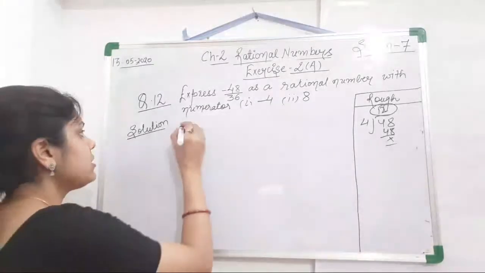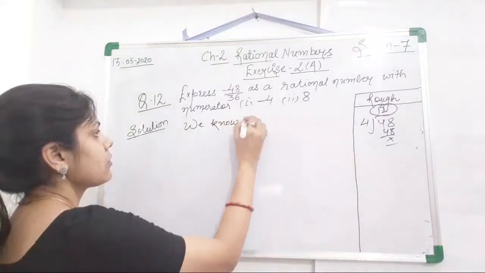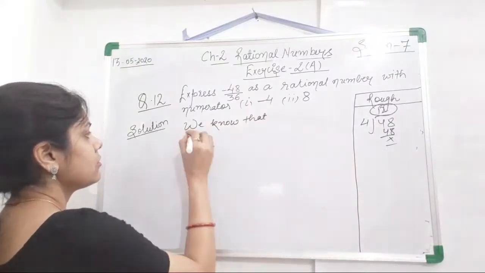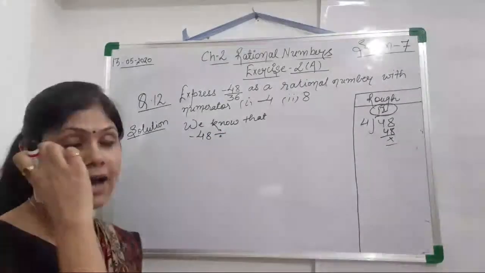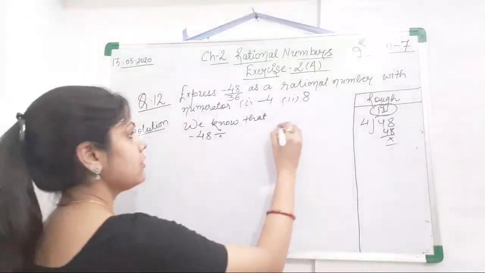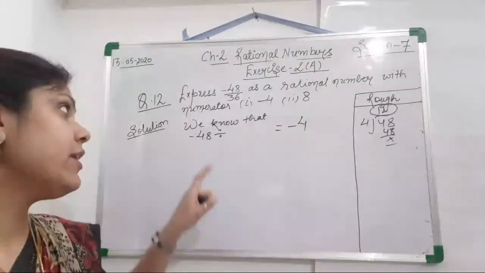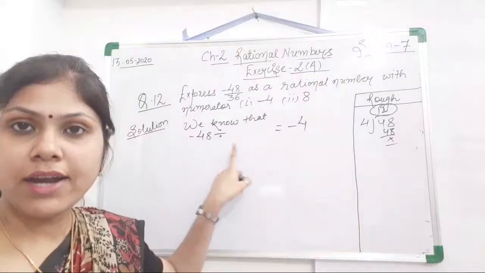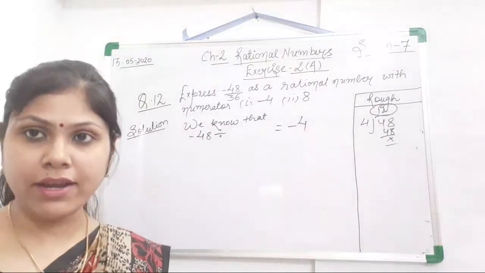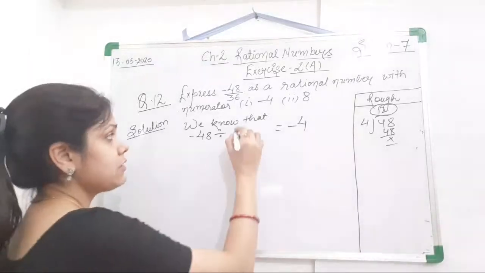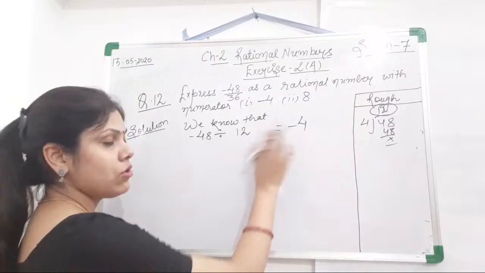Now we can write the solution. We know that minus 48, and because we have to get the numerator as minus, when a negative number is divided by a positive number, then only we will get a negative number. That means we will divide by 12. Minus 48 divided by 12 is equal to minus 4.